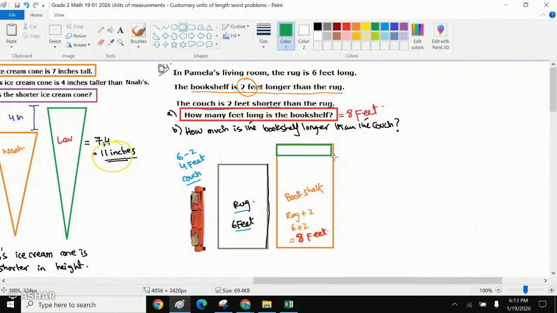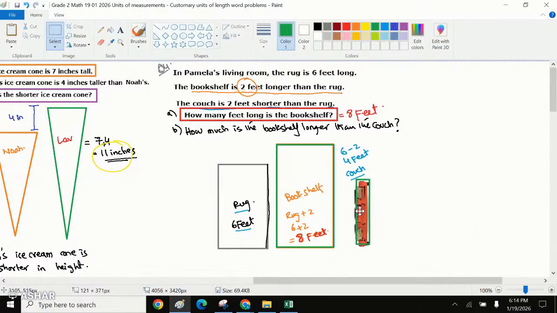Okay, so can we say that if I pick up the couch from this side and put the couch on this side, right? The height of the couch was how much? 4 feet. The height of the bookshelf was 8 feet, right?